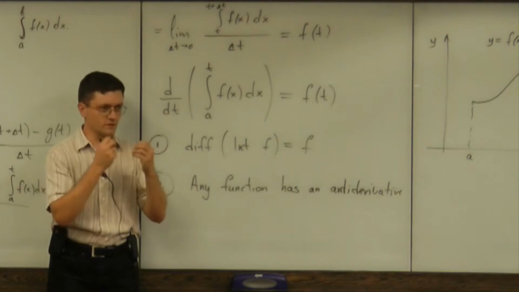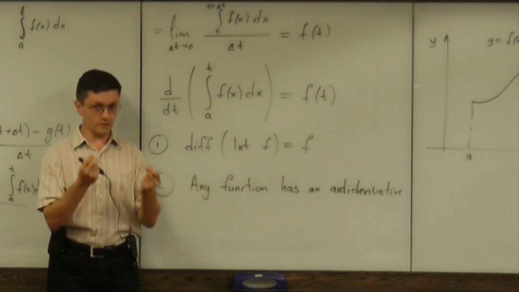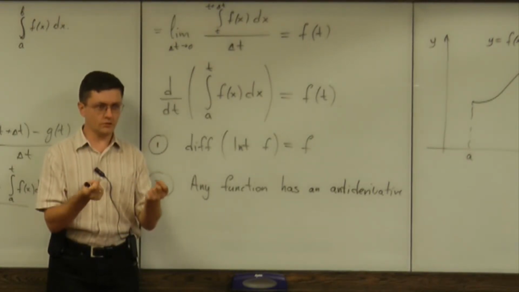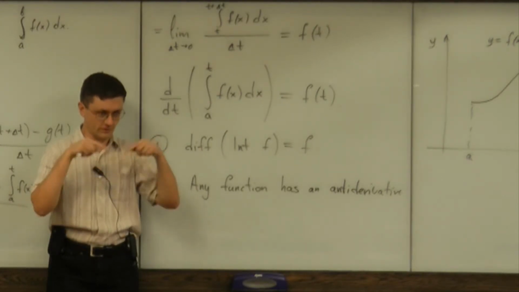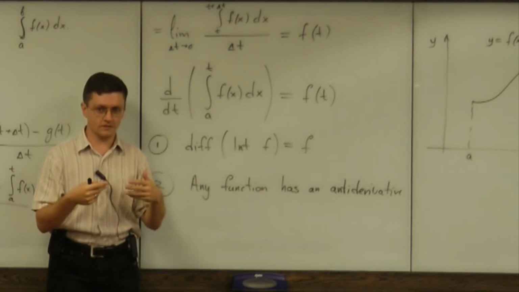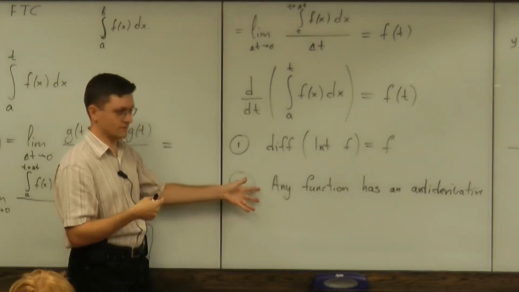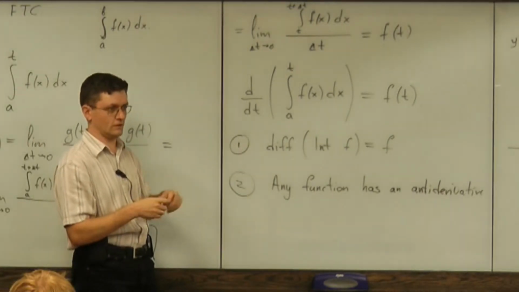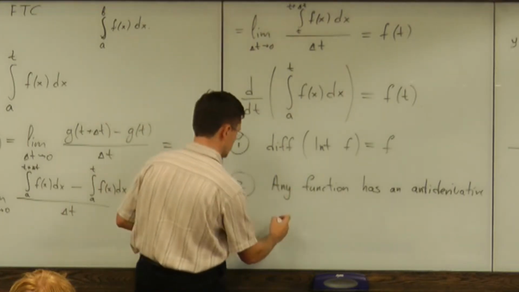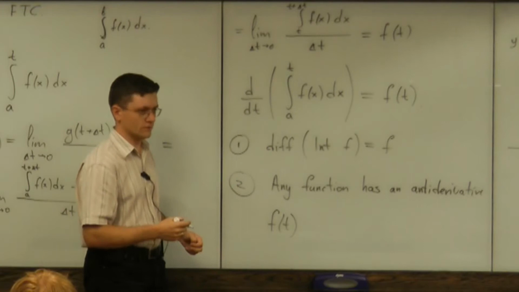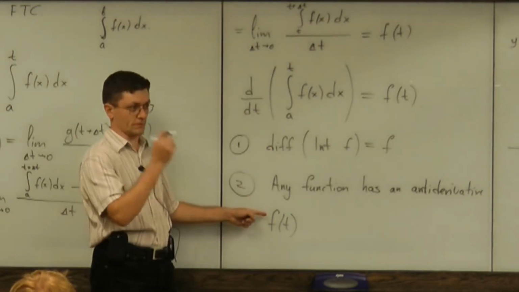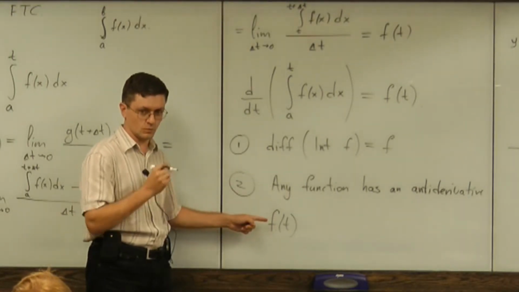But now, think about this. If I tell you what the derivative should be, can you always find a function having that as its derivative? And the answer is yes, always. If I want f of t to be the derivative of something, what will that something be?